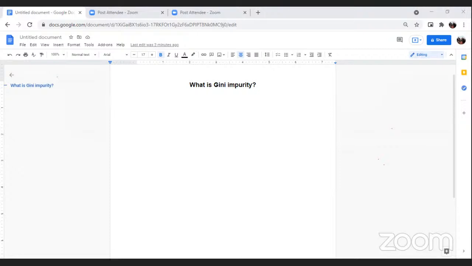And this is another method which can be used instead of entropy, which is popular, right? So Gini impurity is the one usually considered while doing decision tree algorithms, right? The basic agenda of Gini impurity is to decide the optimal split from the root node to the subsequent nodes. All right.